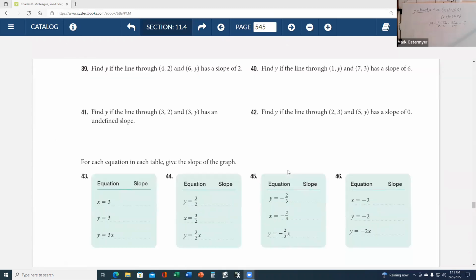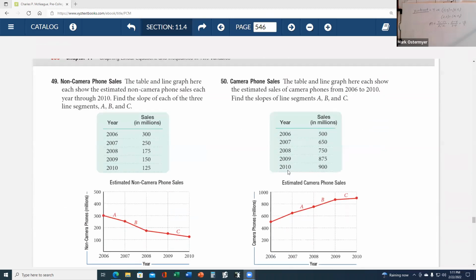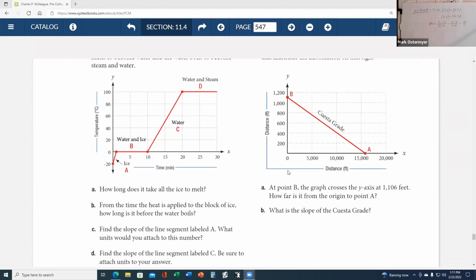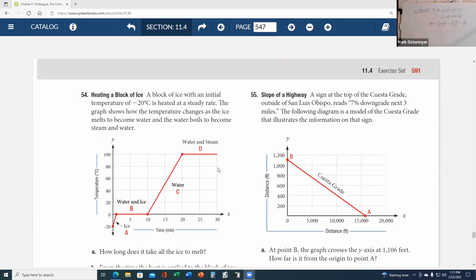All right. I want to go down here and apply this slope concept to a problem. Here's a graph of number 54 that gives us the heating of a block of ice. So, ladies and gentlemen, if you were to heat up a block of ice, first of all, the ice temperature has to be raised to the freezing temperature of water, which is 0 degrees Celsius.